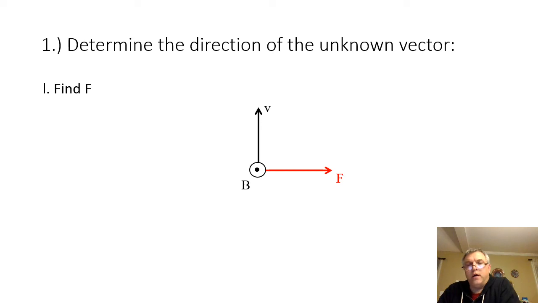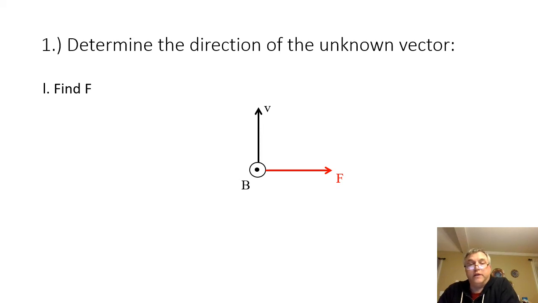Only one of each of those factors can be on any given axis. So if I have the force on the x-axis and the velocity on the y-axis, that means that my magnetic field has to be on the z-axis. I can only have one of those components on any axis. So all three axes need to have one.